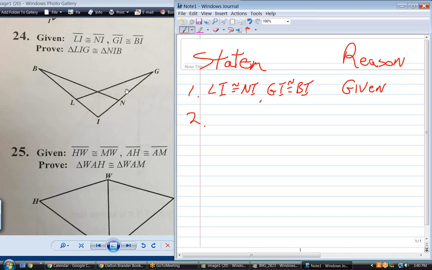So is there an angle that we can tell is common to both and equal? LIN? Yes. And why? Angle LIN. What's the statement? Equals what? 90 degrees? No?